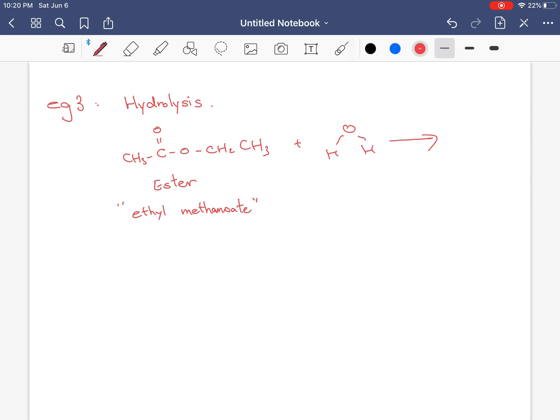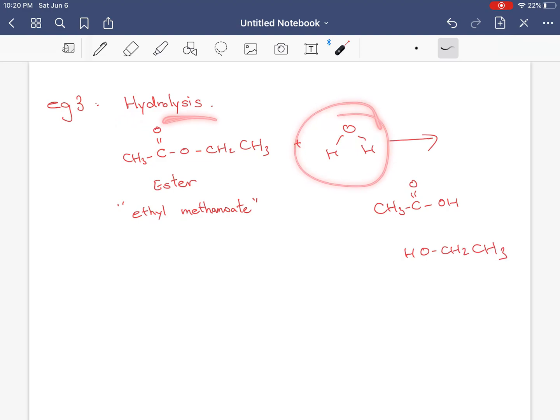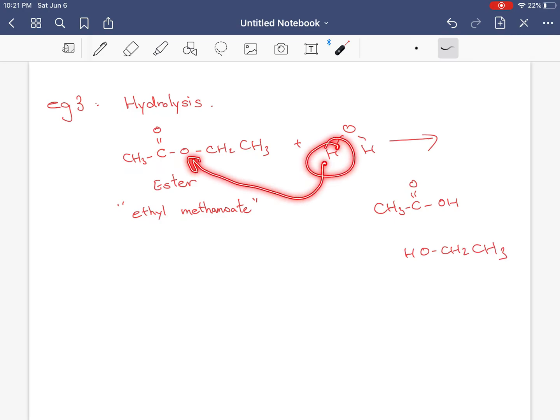As a result, you get the reverse of esterification, giving you this, and of course, this. So hydrolysis is the reverse of esterification. And it makes perfect sense in terms of the wording. Hydro means water, that's water. Lysis means to break apart, so that's exactly what you did, right? You broke apart H2O. H will come over here to hook up with the O. OH will come over here and hook up with the C.